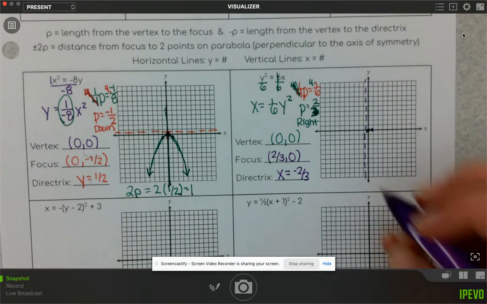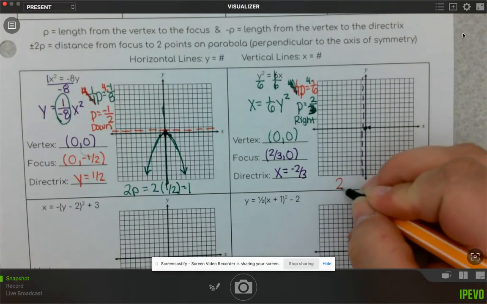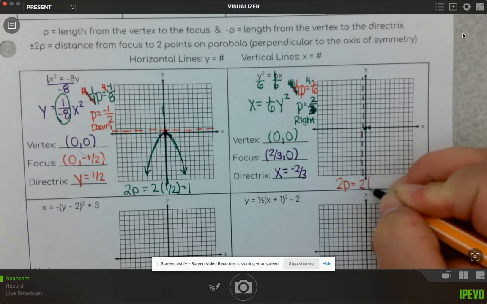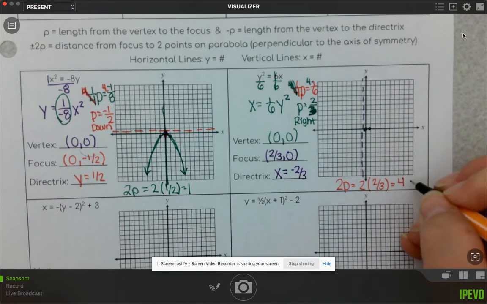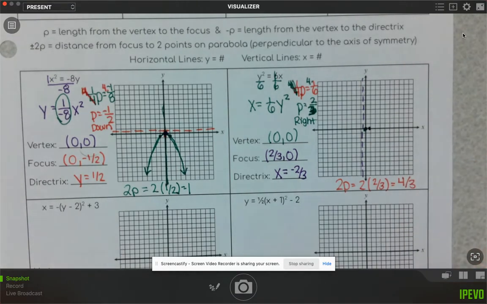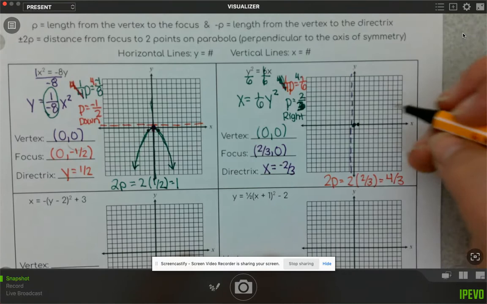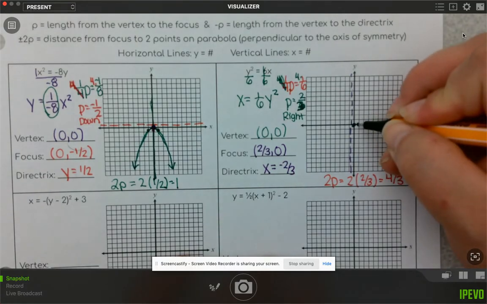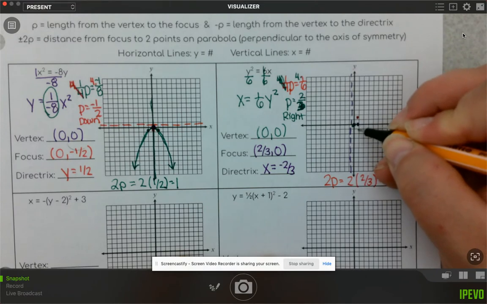And then we can draw our 2 extra points using 2p. 2p is 2 times 2/3, so that means they're going to be 4/3 away. Because 2 times 2/3 is 4/3. So I can go up 4/3, which is about 1 1/3, and down 4/3, which is about 1 1/3.